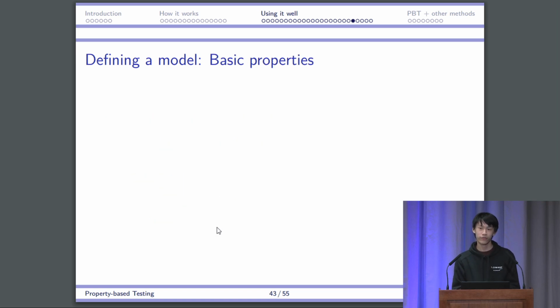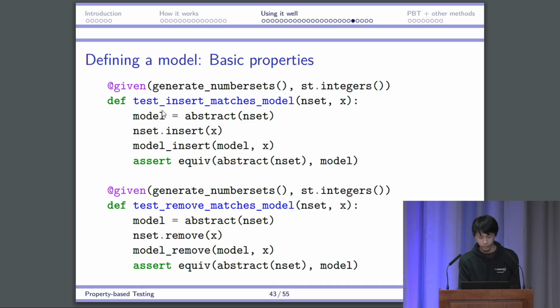Okay, so let's define a few basic properties. First one, where we test the insert operation. We get given a number set and an integer. And what we do is we immediately first convert the number set to a model. So this is the first step: we abstract the number set to a model. And then, to the number set, we insert the element x. And we do the same thing to the model using the model insert function.